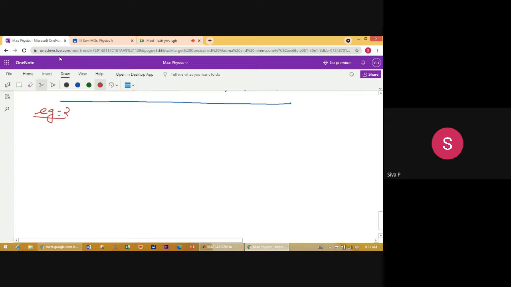Example number 2. A rectangular box open at the top is to have a volume of 32 cc.